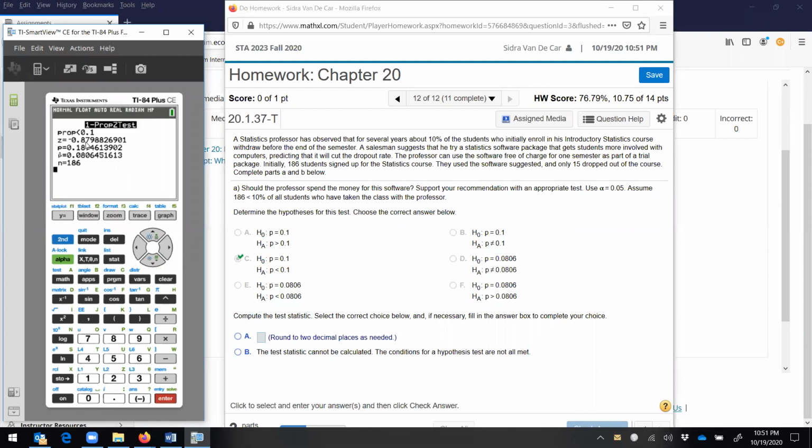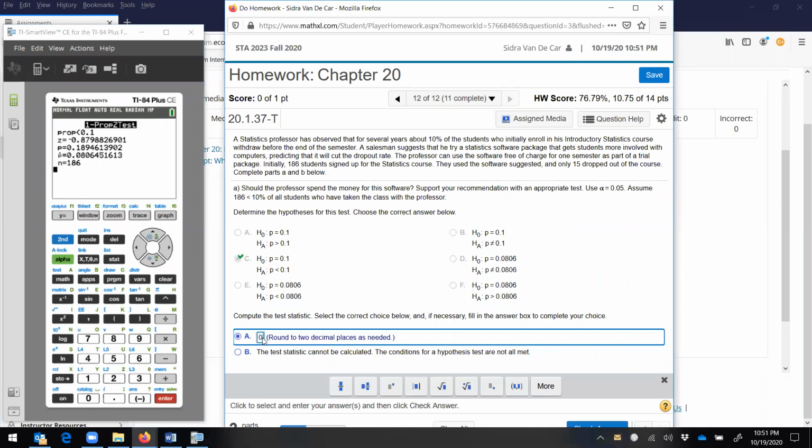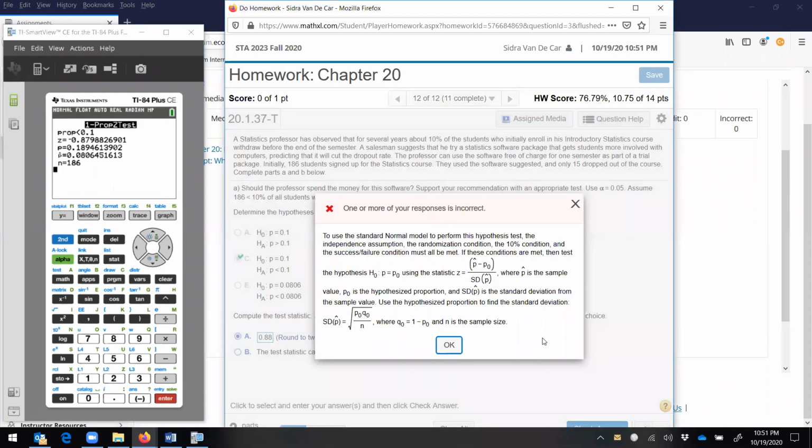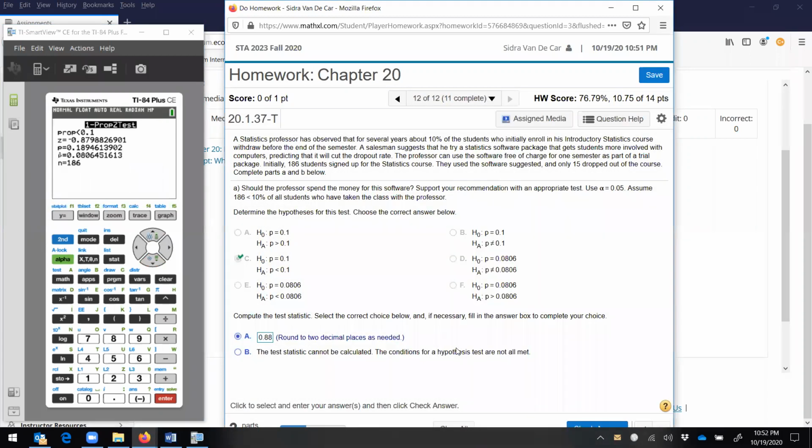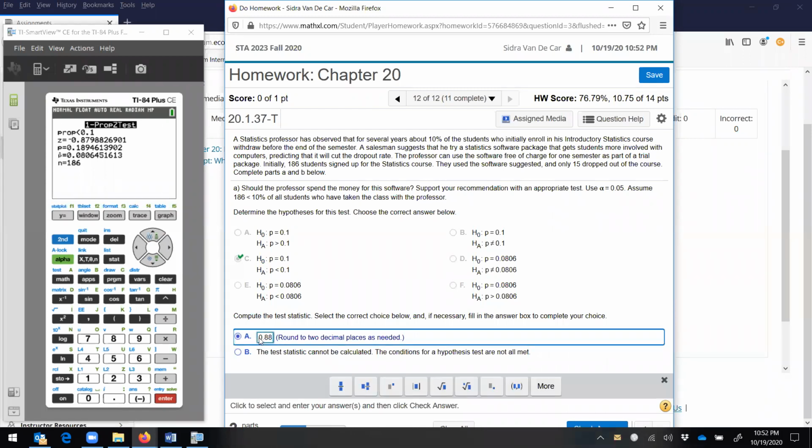Our test statistic is 0.879, so we'll round that to 0.88. Oh, I missed the negative sign there. I'm sorry, negative 0.88.